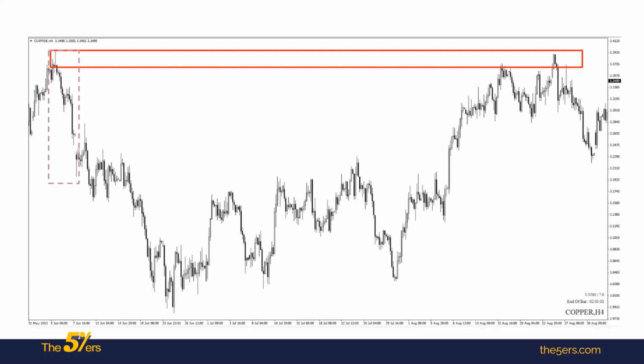Okay, we don't know that for sure, but what we can assume with high probability is that once price comes for the very first time to a fresh, untouched decision level, there's going to be a reaction. And trading is about risk management.